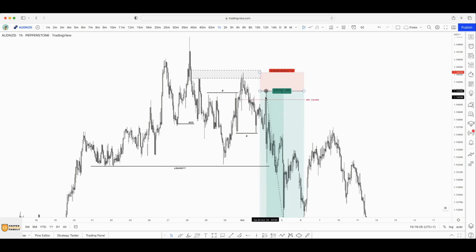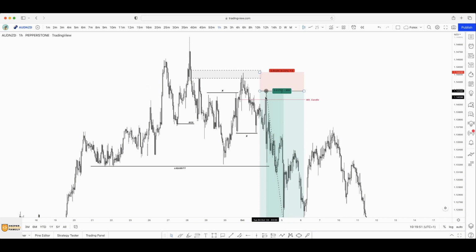That means waiting for distribution on lower time frames. Price gets to the point of interest, and then I begin to see some kind of break of structure to the downside. That gives me extra confirmation that the lower time frame is now in agreement with what the higher time frame is set to do. So there was no limit order on this trade.